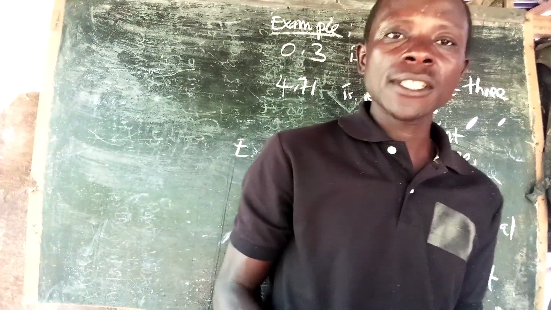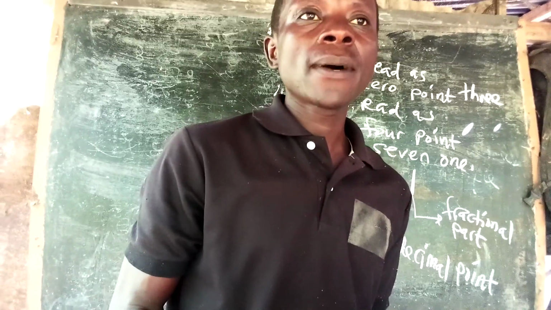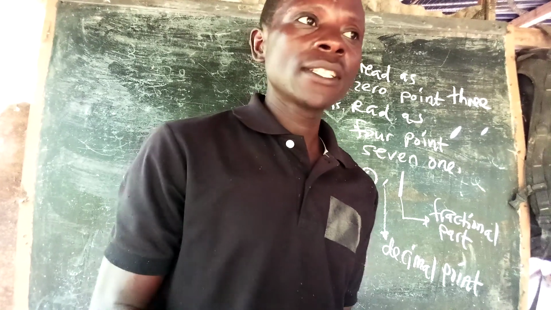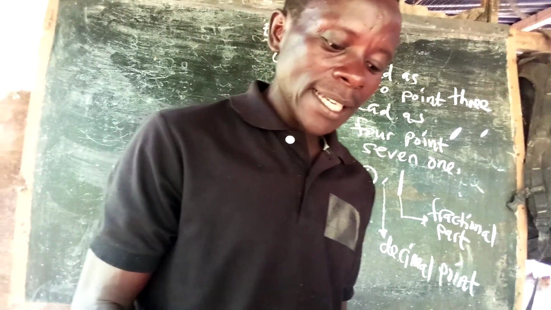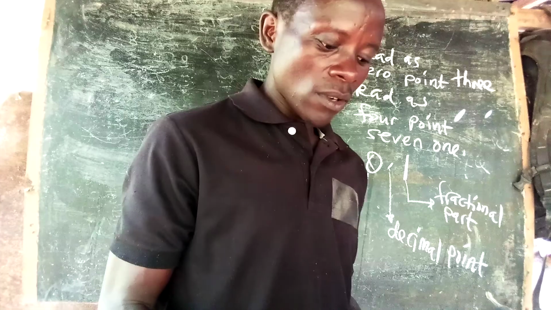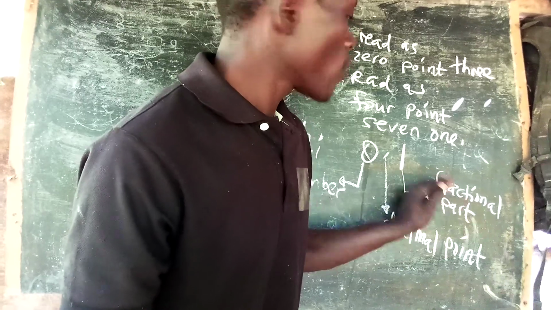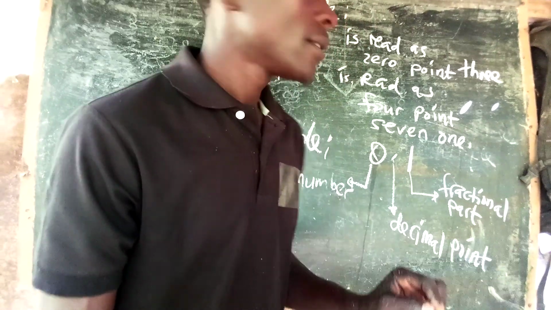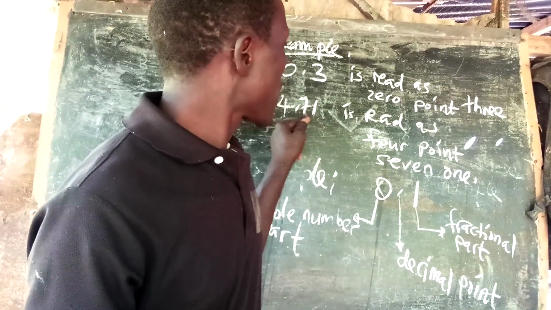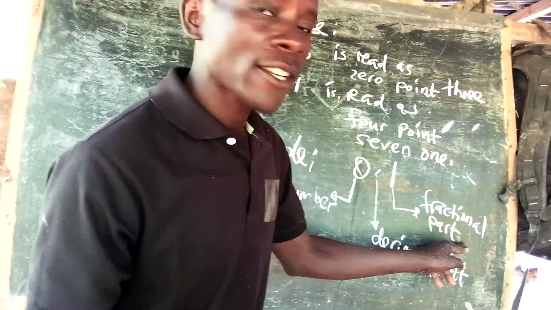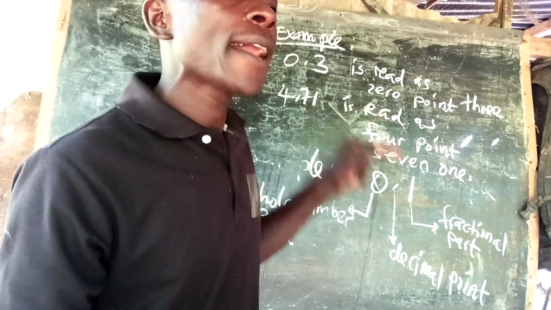One thing to notice, dear students: when you are given a decimal number and told to read it, the digits representing the fractional part of the decimal are always read singly. For example, in 71, the two digits are on the fractional part. When reading, we read singly, one digit after the other.